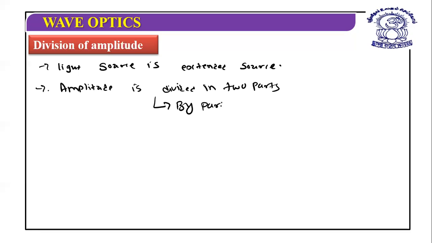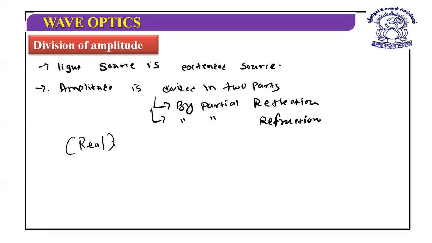One is by partial reflection and another is by partial refraction. In this situation, the coherent sources obtained are real.